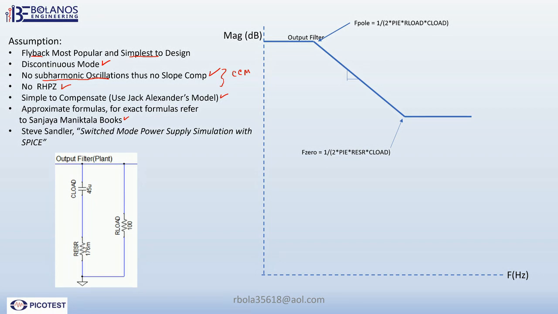Here we have the output filter. Here we have the load capacitor, and then we have the ESR associated with the load capacitor, and then we have our load. Typically this output filter will have this type of transfer function.